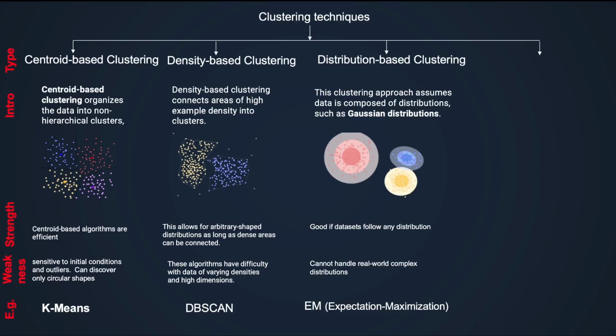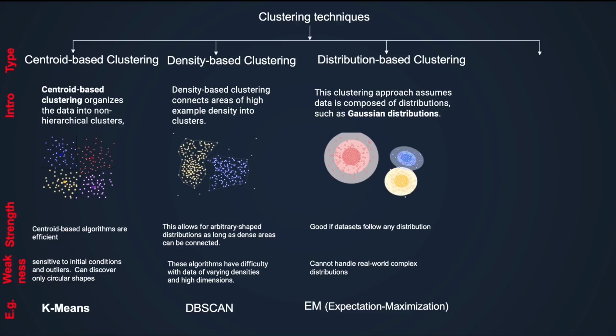The main strength of these algorithms is that if the distribution of a dataset is known to us, then we can employ these algorithms to get better results.